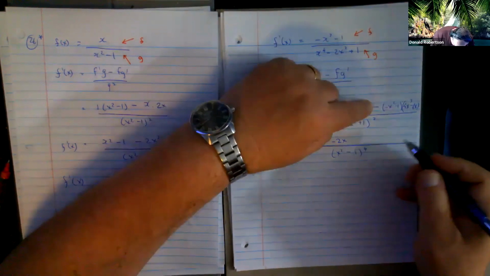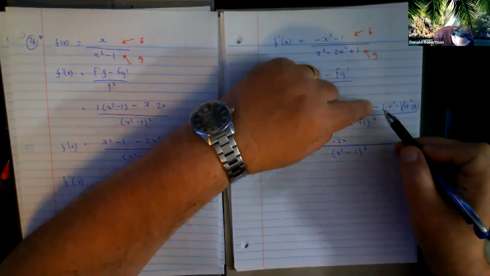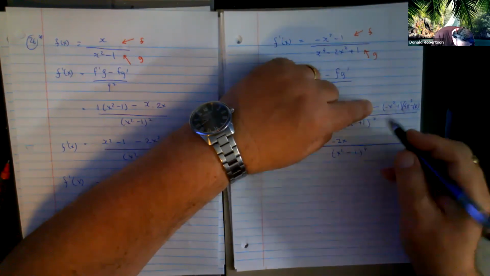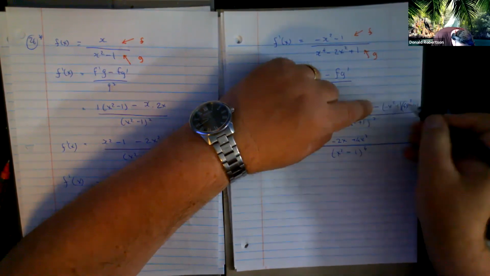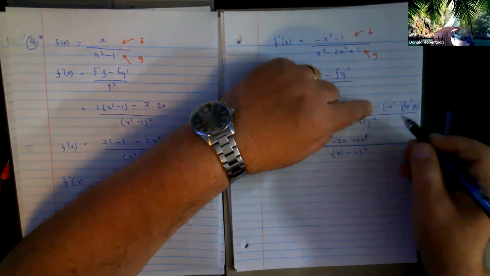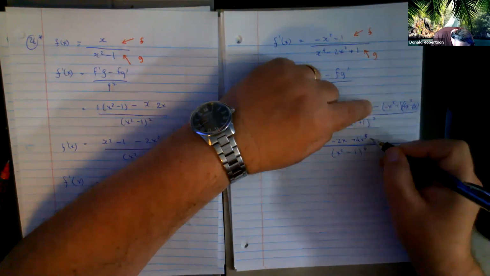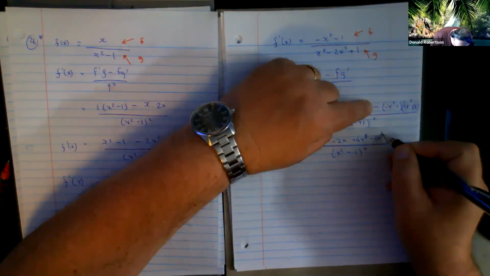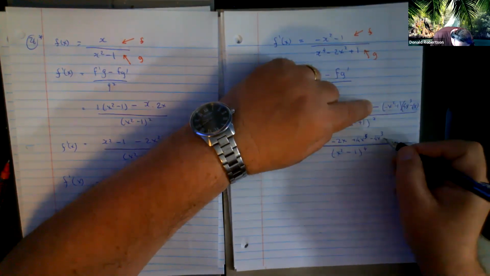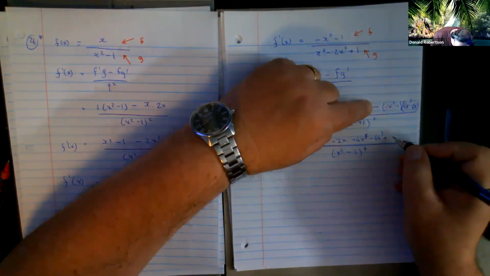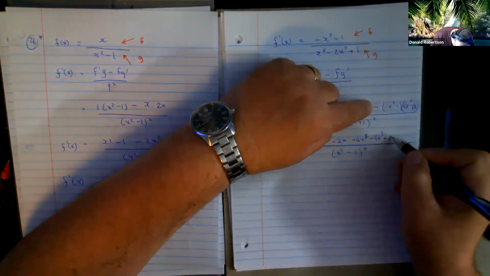Oh God, there's negatives everywhere here. This guy times this guy and then make it negative. So it's negative 4x cubed, but then you subtract it. And it's not cubed, it's 5. This guy times this guy is positive 4x cubed, but then you subtract it. This one times this guy is negative 4x cubed, but then you subtract it.